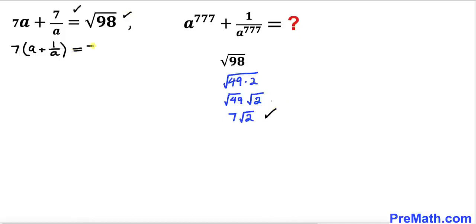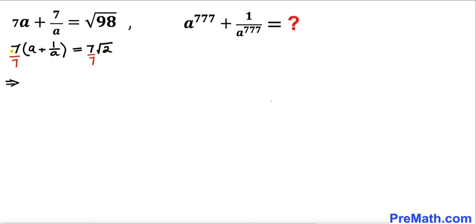Now let's divide both sides by 7, on this side and on this side as well. We can see that the 7 and 7 are gone. So we end up with a plus 1 divided by a equals the square root of 2.